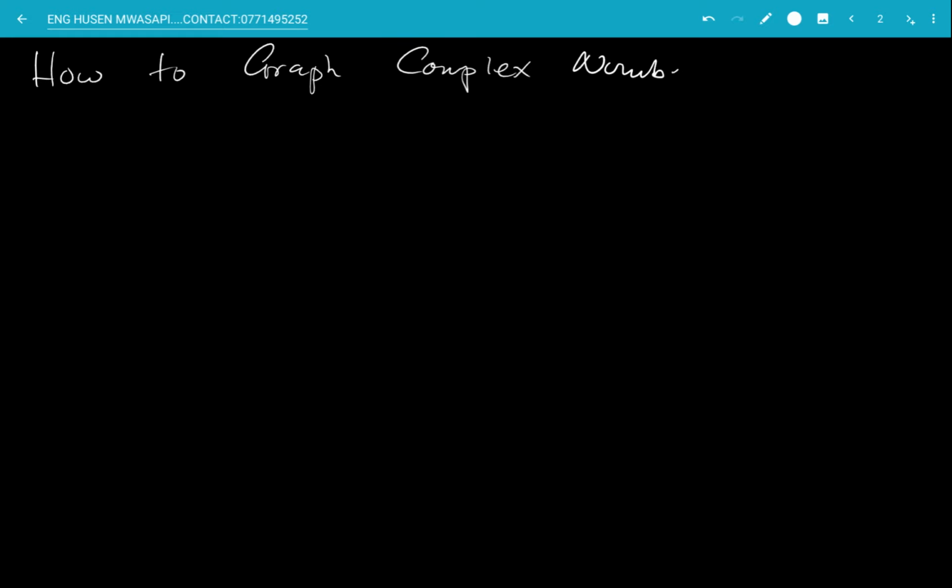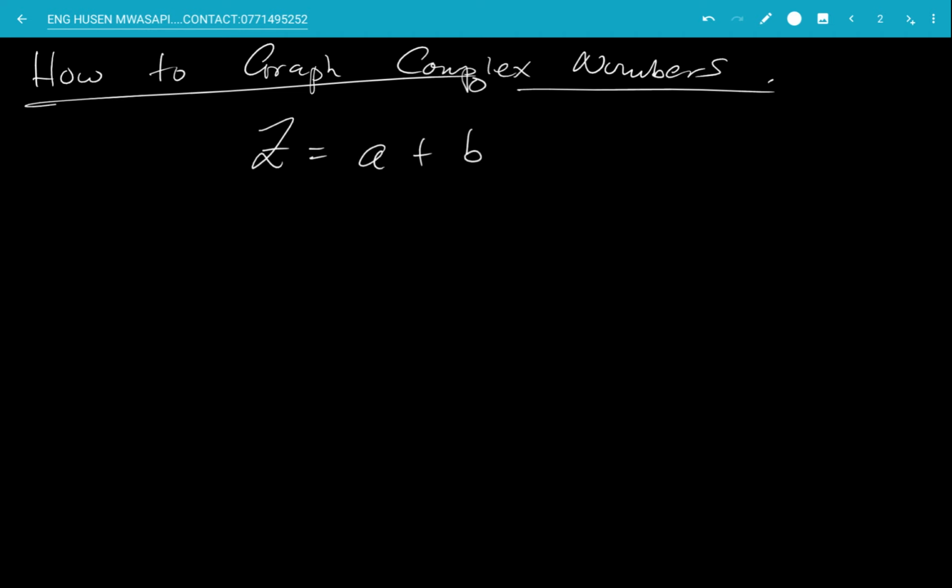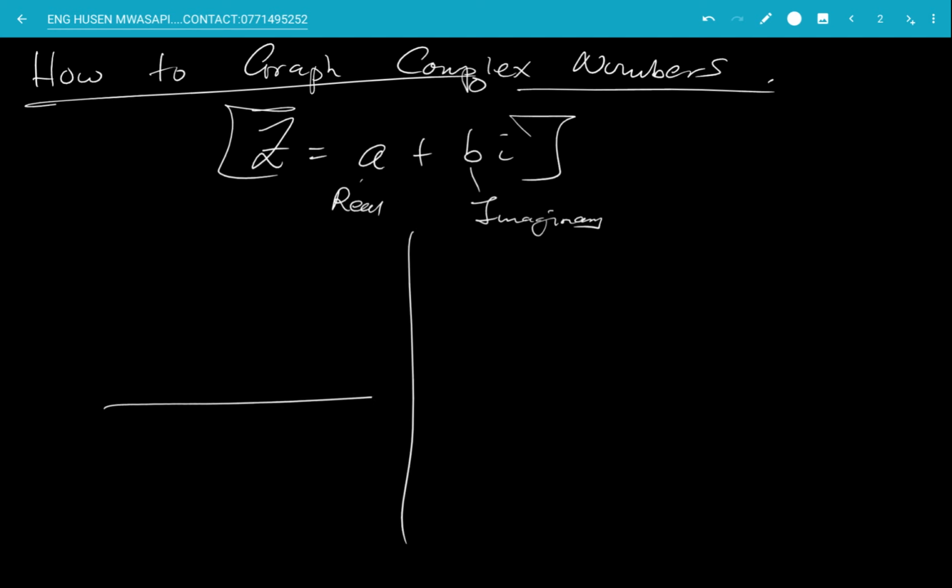Now, before we look at any example, let's understand something. We know that the standard form of all complex numbers is z being equivalent to a plus what? bi. Now, with this in mind, whenever you're trying to plot these values, remember, a is the real value and b is the imaginary value. There is an axis that we use. This axis is known as the imaginary or real axis.